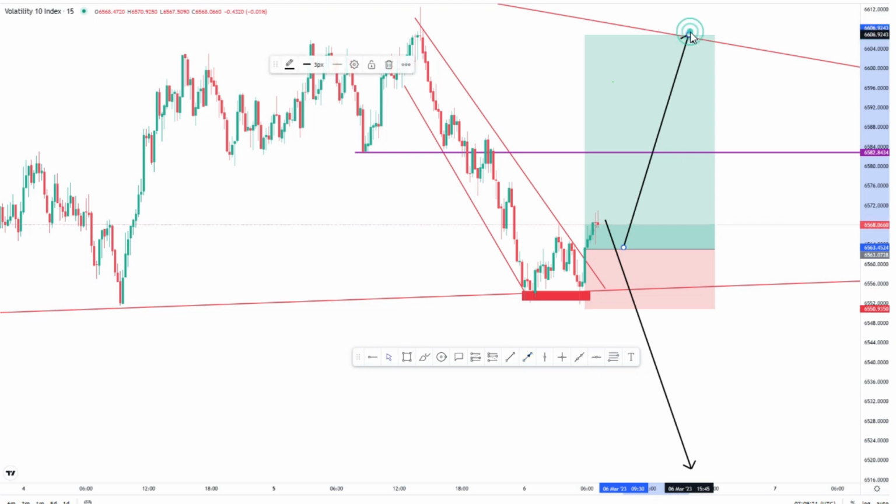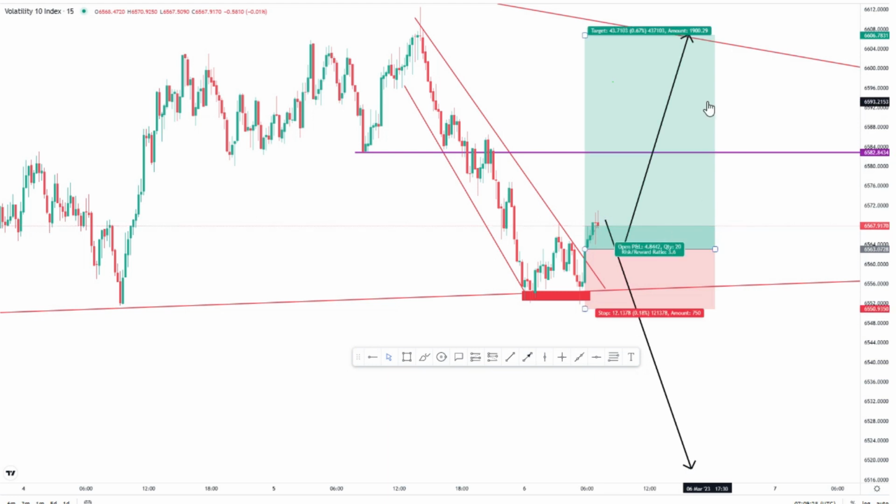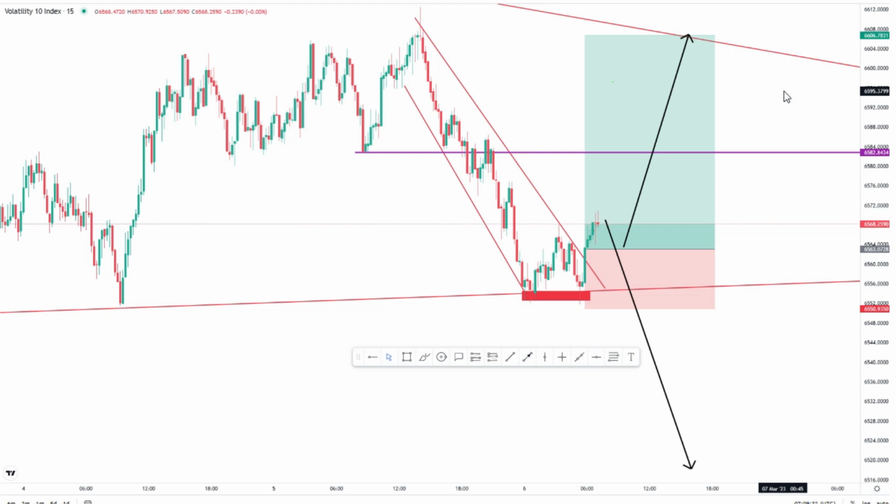So this is basically what you'll be expecting at the end of this video. Either the price hits my stop loss, or the price hits my TP. But whichever way, I'm comfortable with the risk. I'm okay with the TP levels, and I'll be waiting to see whatever the price will do next. Thank you, guys, and I will bring you back the rest of the video.